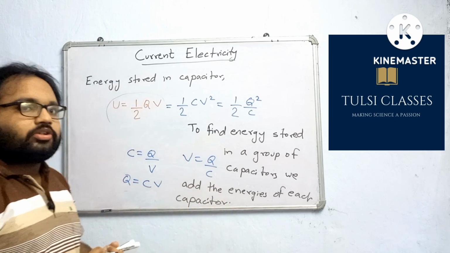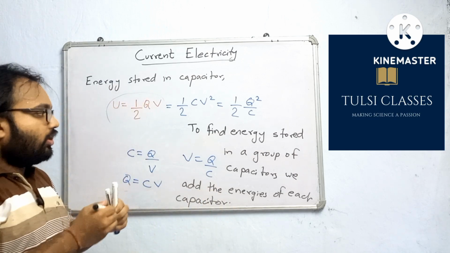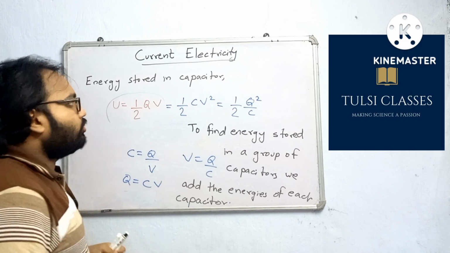Each capacitor U1 plus U2 we will add plus U3 plus U4 like this. Next formula we are going to move.